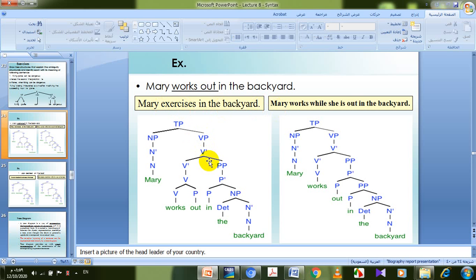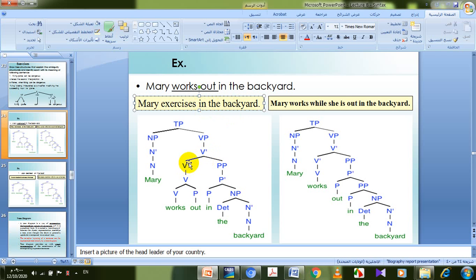The verb phrase is subdivided into the verb and a prepositional phrase. In the backyard is a prepositional phrase, a group of words starting with a preposition.